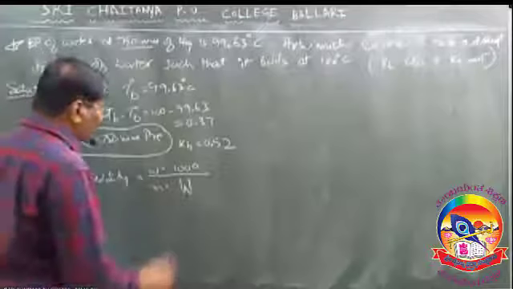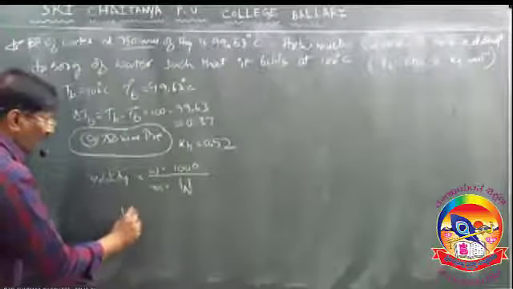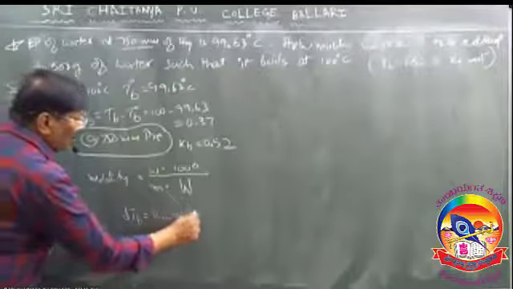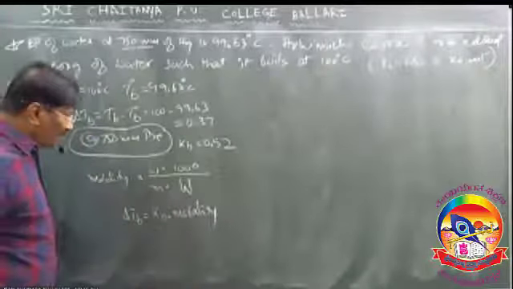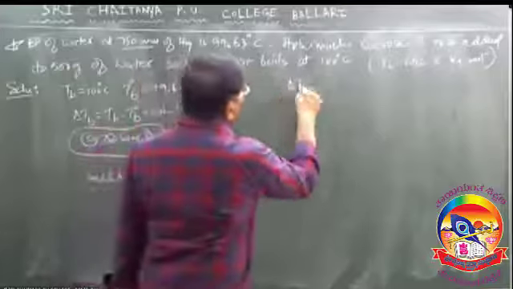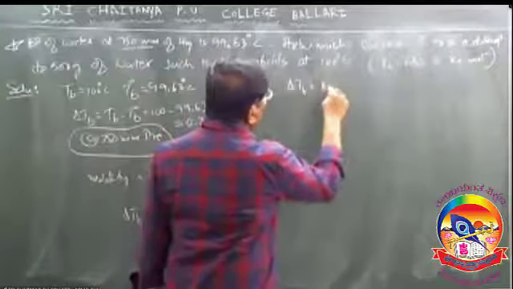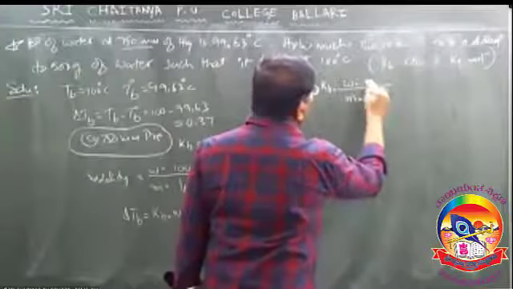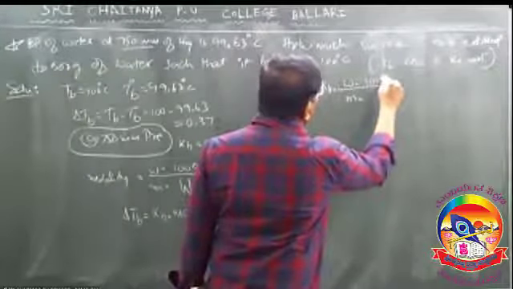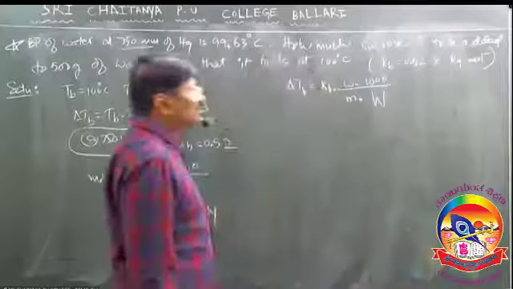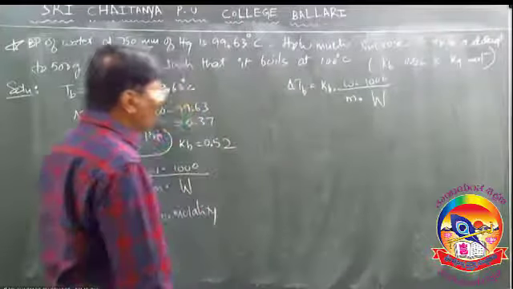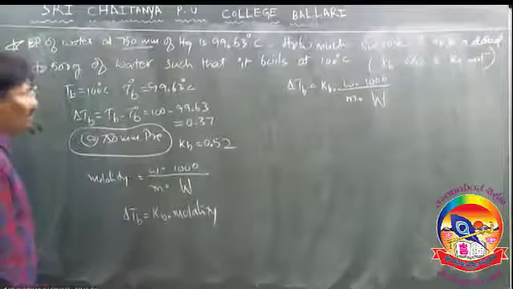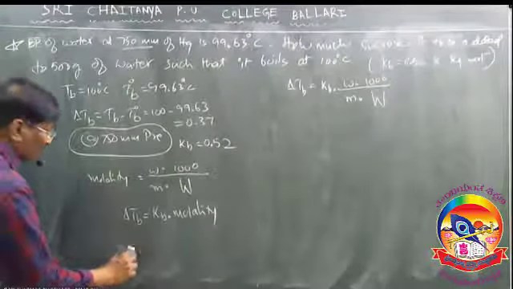So therefore, we have the formula: delta TB is equal to KB into molality, that is, KB into small w by small m into 1000 by capital W. So all the values. Now, what is the molecular weight of sucrose, how much?